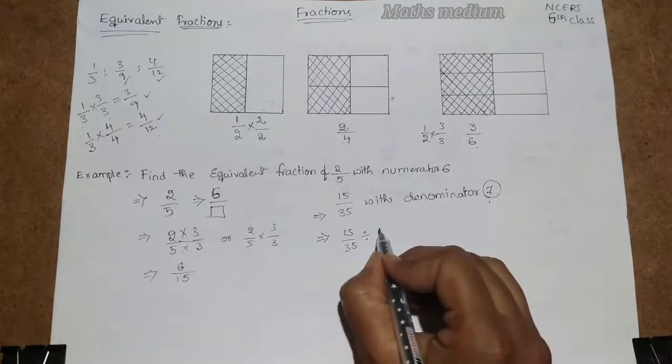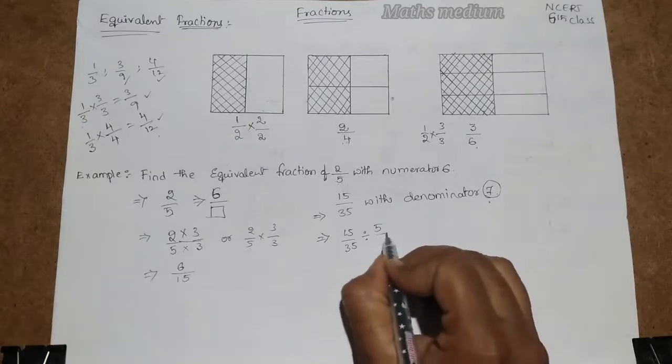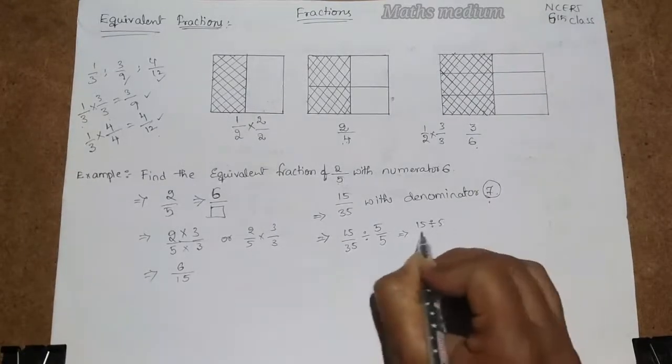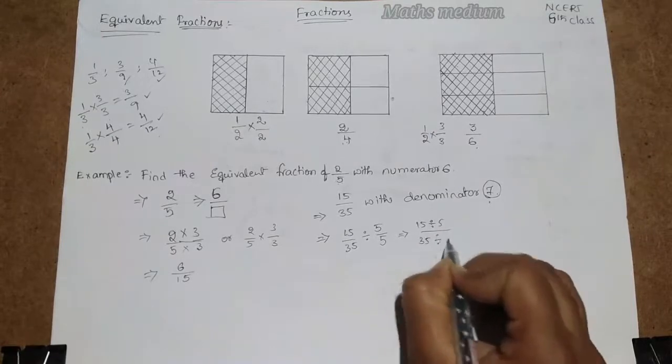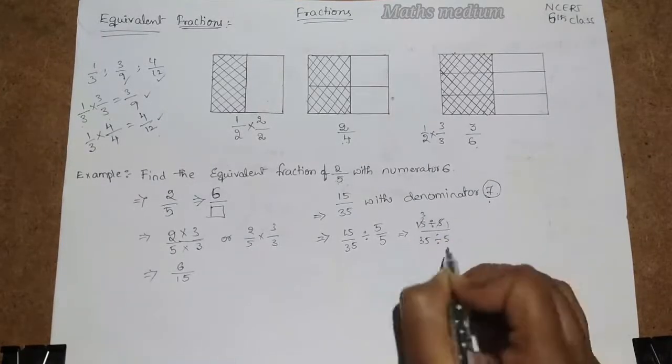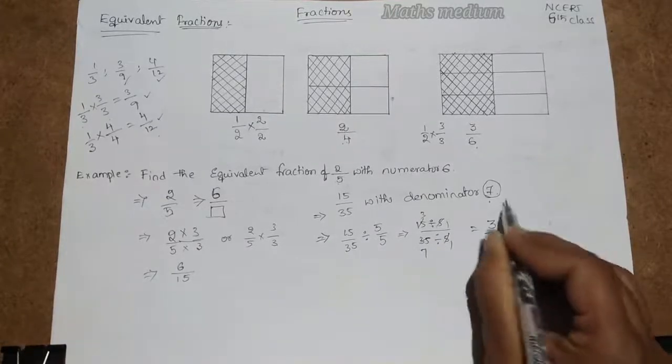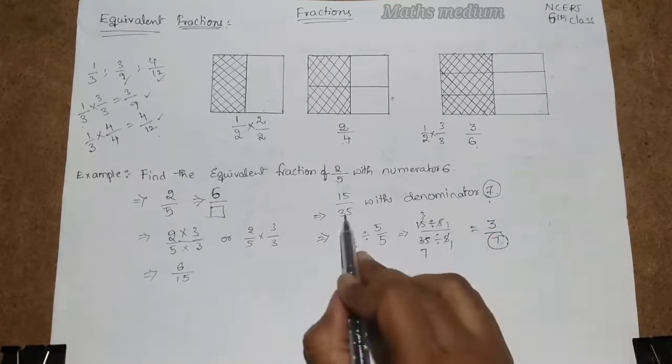It is nothing but 5 by 5, because see here, 15 divided by 5 and 35 divided by 5. 5 threes are 15, 5 sevens are 35, so we get 3 by 7. We get the denominator as 7 through this equivalent fraction.